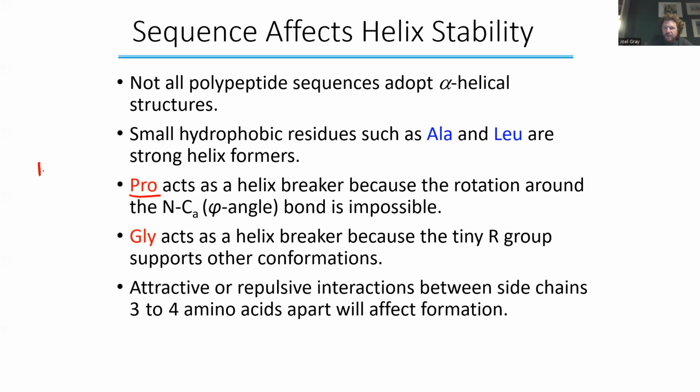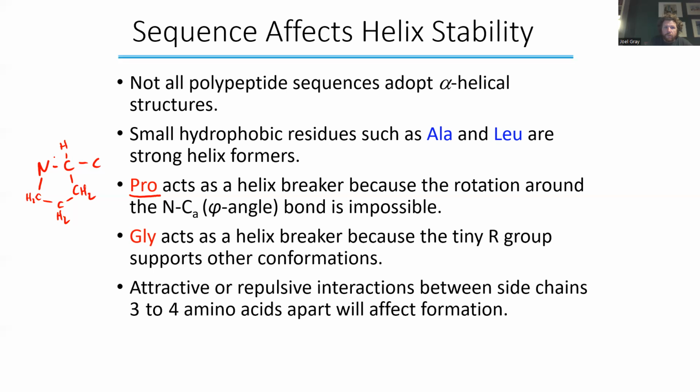Now let's think back to the R group for proline. If you remember NCC, there's my backbone. Our proline looks a little bit like this. Well, what do we have to say?